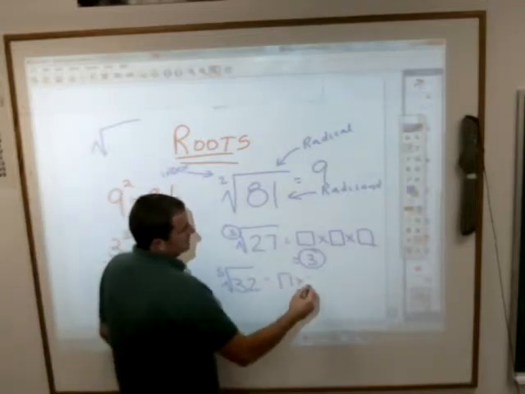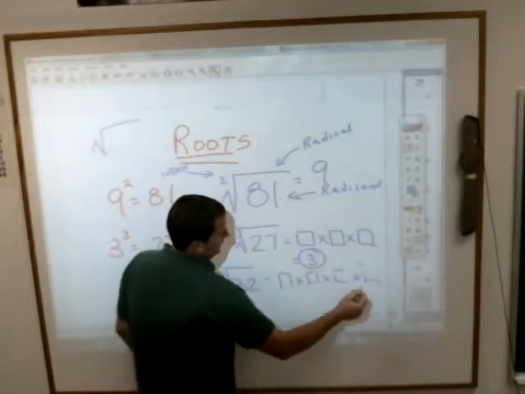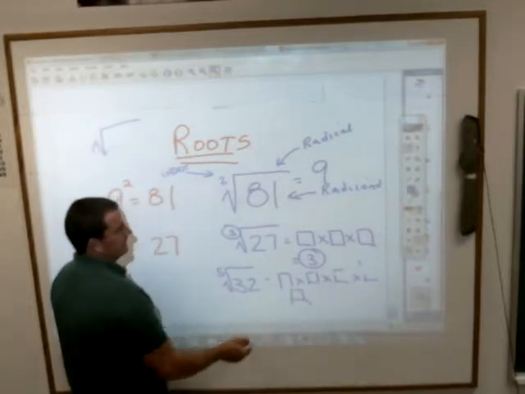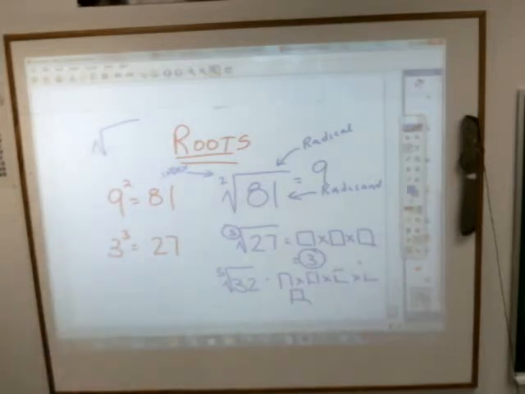What number times itself 5 times will give you 32? And can I tell you, ladies and gentlemen, there is no process or easy way to figure this out. It is completely by trial and error if you don't know. You can't sit down and divide it out.